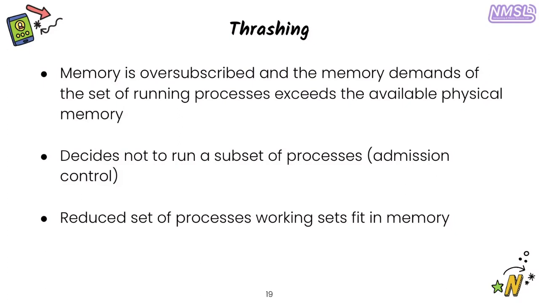You can't just satisfy everyone, so you do admission control, so that the reduced set of process working sets fits in memory. It's the same as in an indoor room: there's a limit on the number of people that can be in at the same time, because if you have more people, that's dangerous. Same in systems. So that's thrashing.